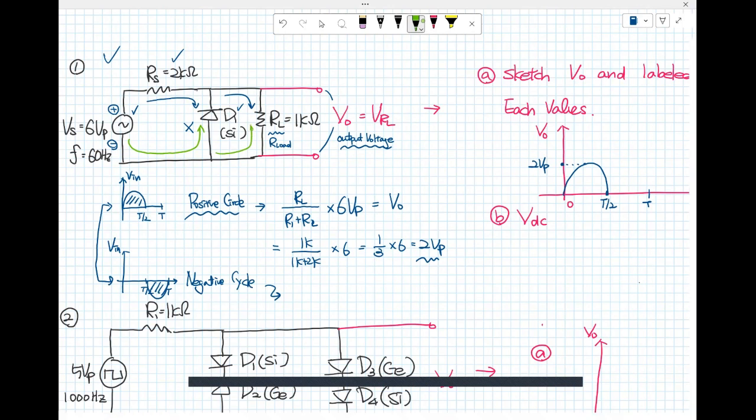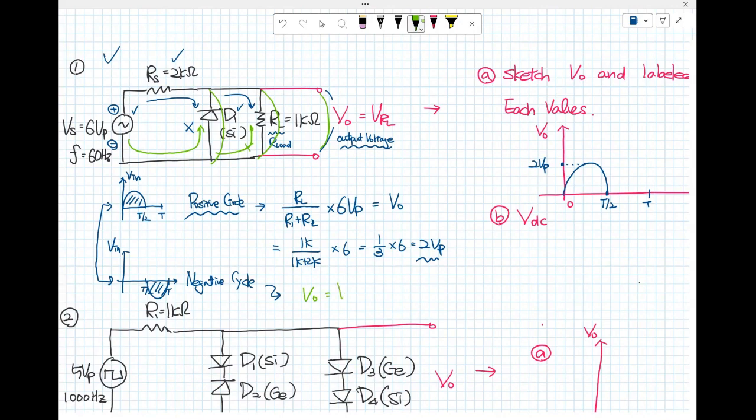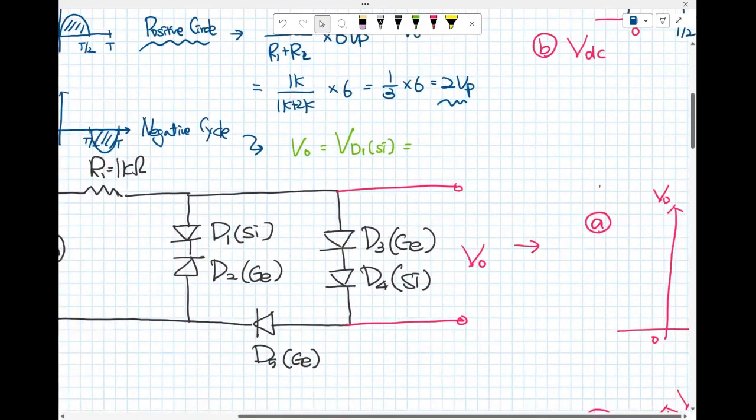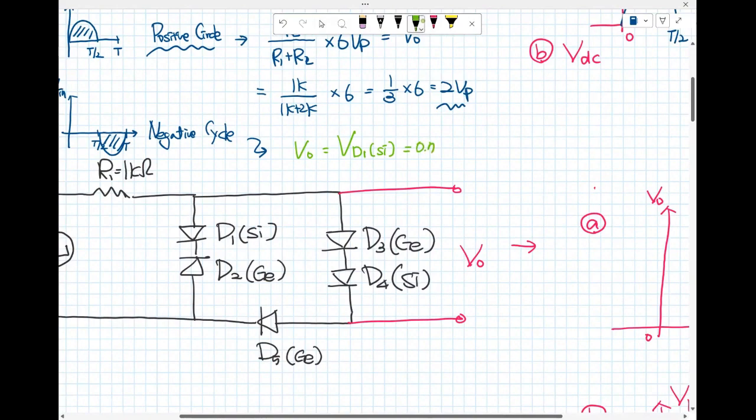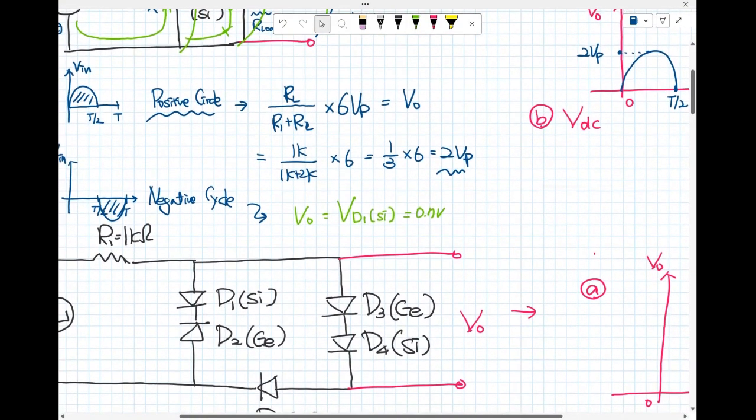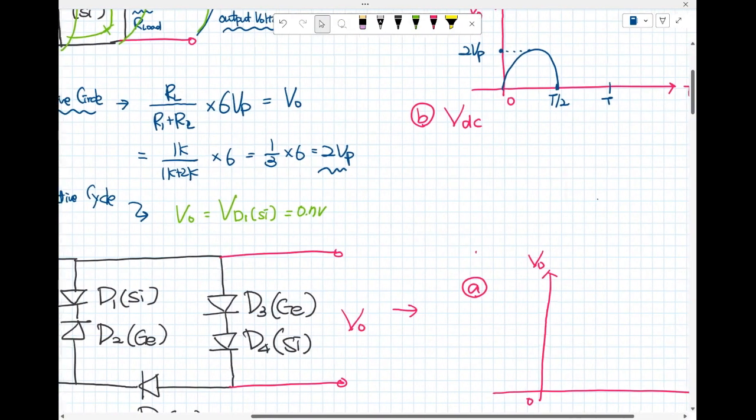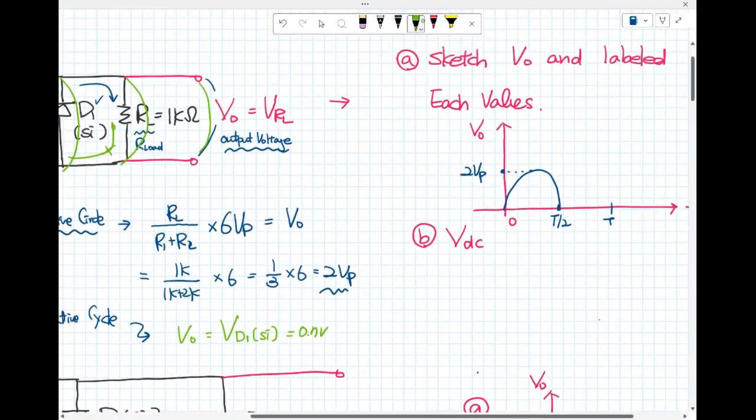Here we go. There's a leakage current. If it is passing the diode, that was not current, that was V sub SI. For this case, V sub 0 is like V sub D1. It was what? 0.7 volt. So write down here.